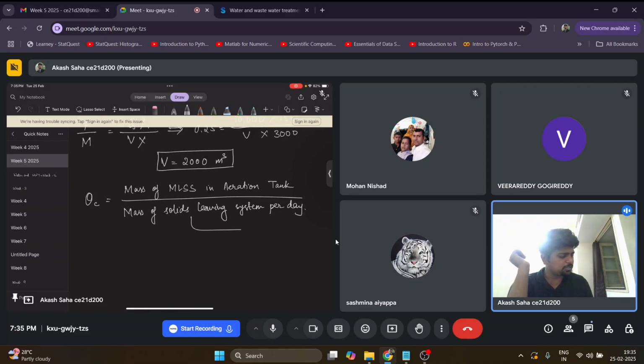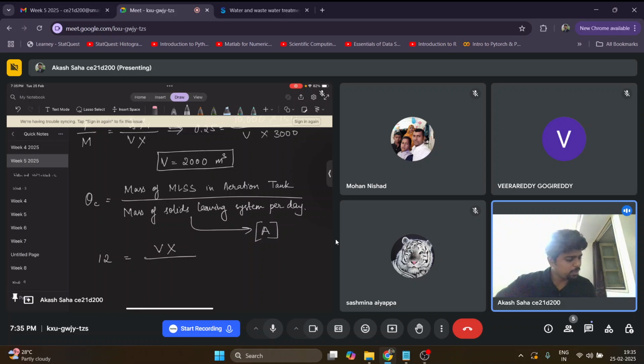So suppose this mass of solids is something, let us call it A, not x, because x and x again the same thing would be happening. So what is theta c? Theta c is 12. The mass of MLSS in the aeration tank is V into X, that is the total mass.